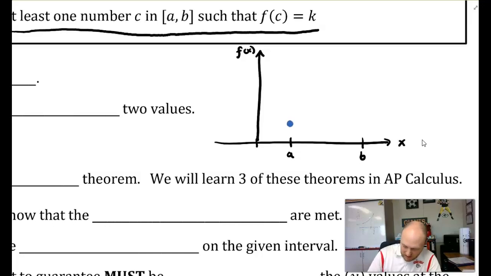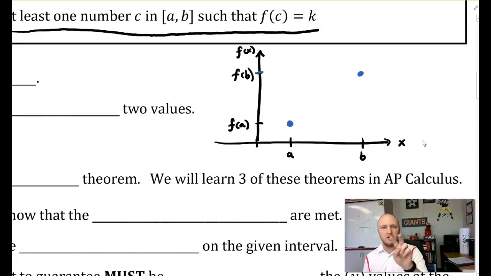This is you being 4'6", and I'm going to call this f of a. That's the first y value. And then I have a point up here for b. Here's b, and let's call this f of b, right? So 2 x values, when you plug them into a function, they spit out 2 y values.